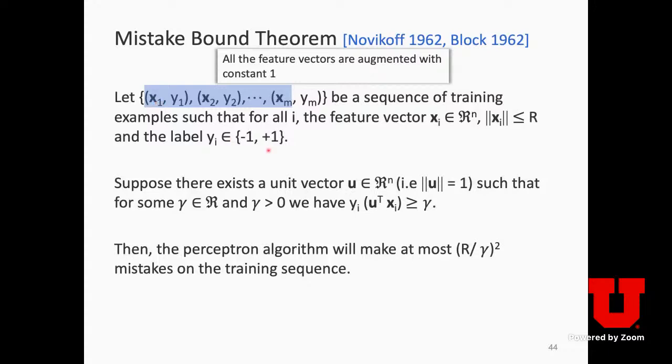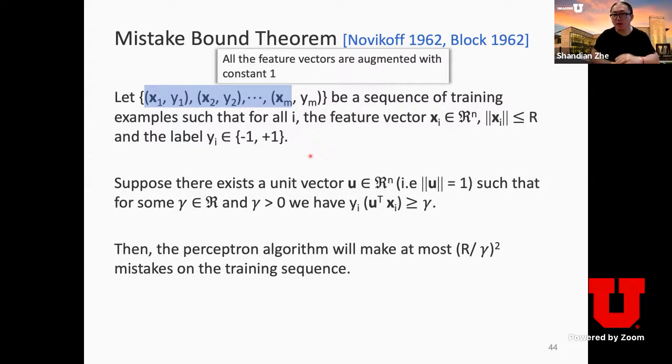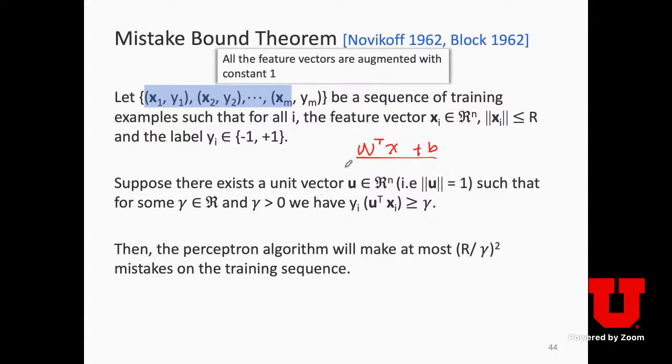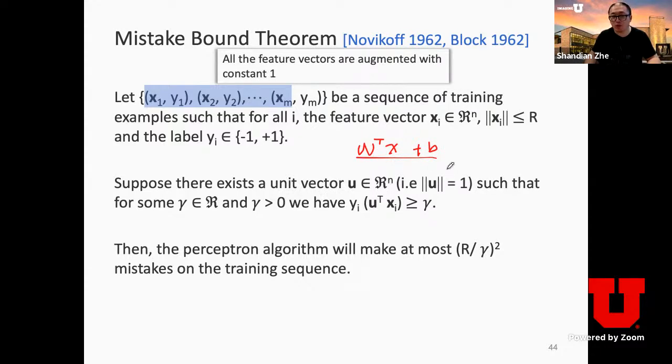So basically, when we originally define the linear classifier, our classification function, let me write it out, is simply W transpose X plus some bias parameter B, right? And it is not very convenient to write down this classification function everywhere.